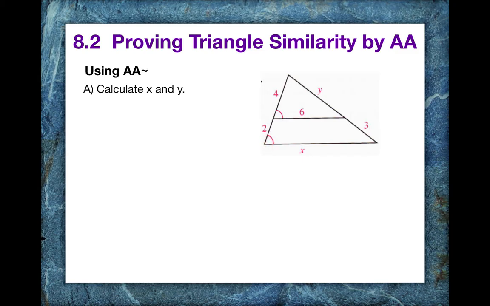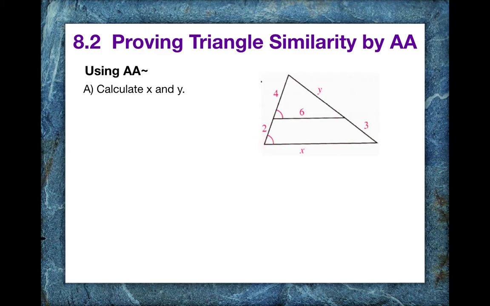Therefore, if they're similar, then all the side lengths have to be proportional. So let's figure out what x is. The small triangle has a side length of 4 on this side. The corresponding side for the larger triangle is this whole side, which is length 6.